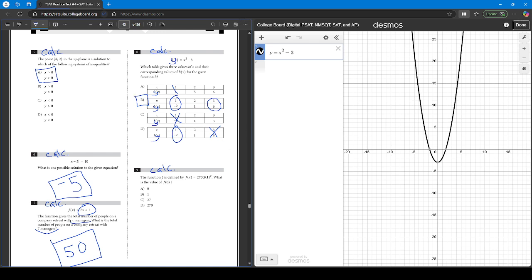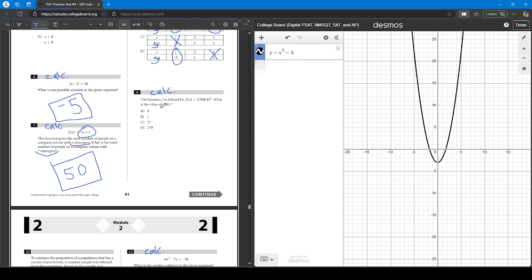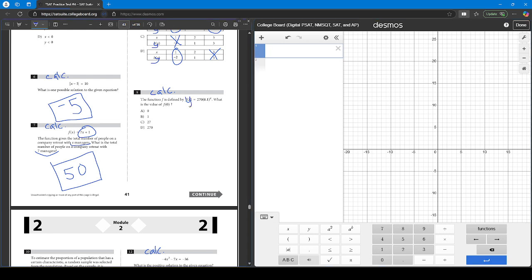And then question number 9. The function f is defined by f of x equals 270 times 1/10 to the power of x. What is the value of f of 0? Same thing as the other question. Again, I'm going to think of my f of x as a y.